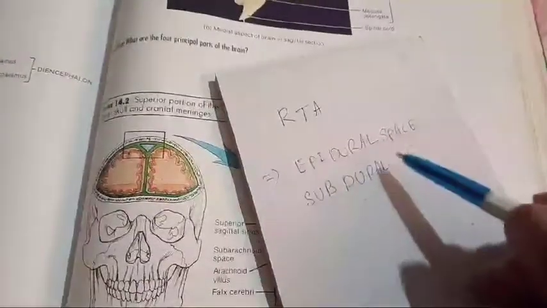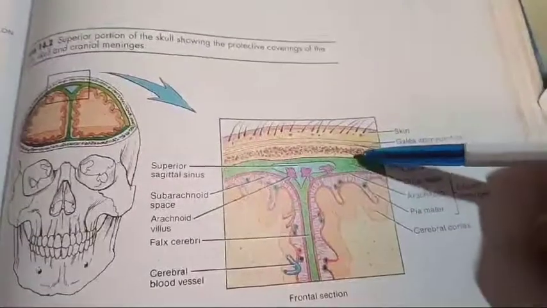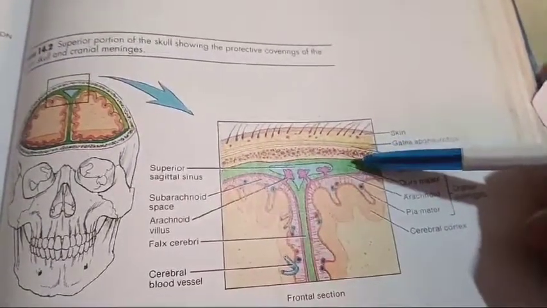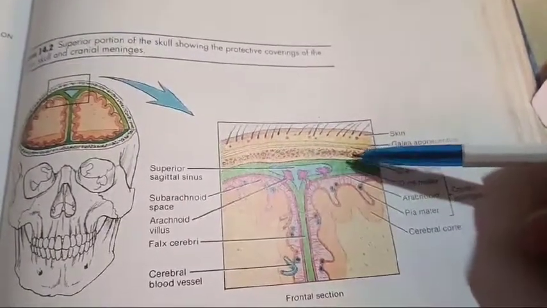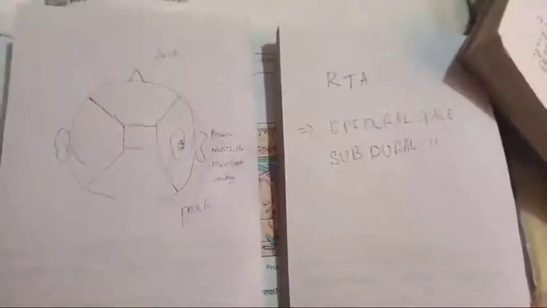What is the meaning of epidural space? The space in between the skull bone and the periosteal layer is called the epidural space. Now we will discuss how to define epidural space.